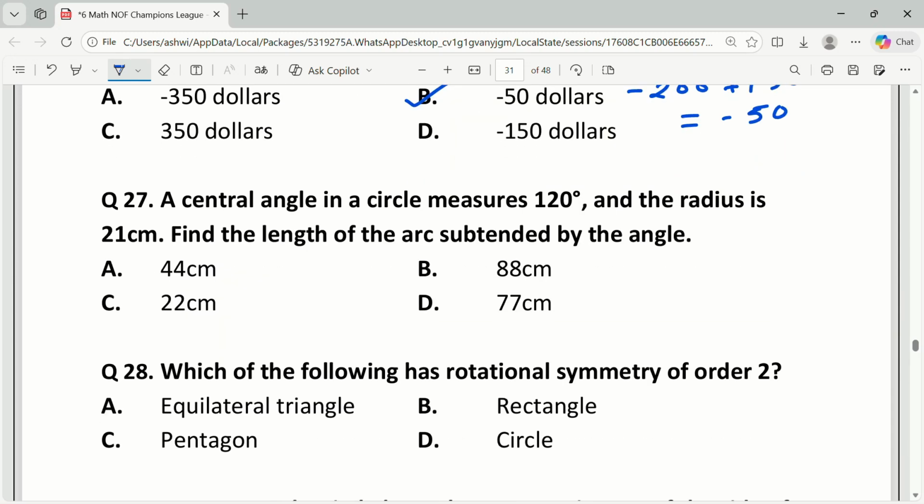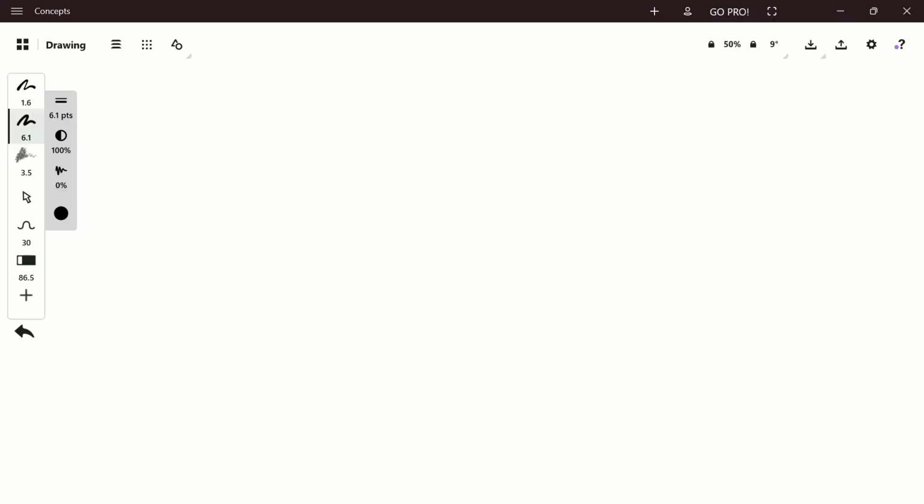Question 27. A central angle in a circle measures 120 degrees and the radius is 21 centimeters. Find the length of the arc subtended by the angle. The formula for length of arc L is equal to theta upon 360 into 2 pi r, where theta is the central angle in degrees and r is the radius.